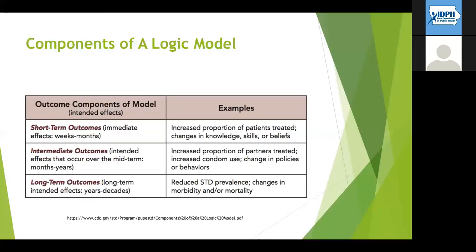So keeping in mind that population level change takes anywhere from 5 to 10 years to really see impact. So it really depends on whether you're looking at a program logic model or whether you're evaluating a community intervention as to what time frame those outcomes are.